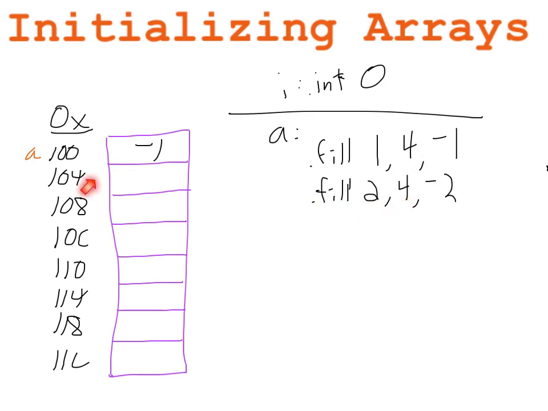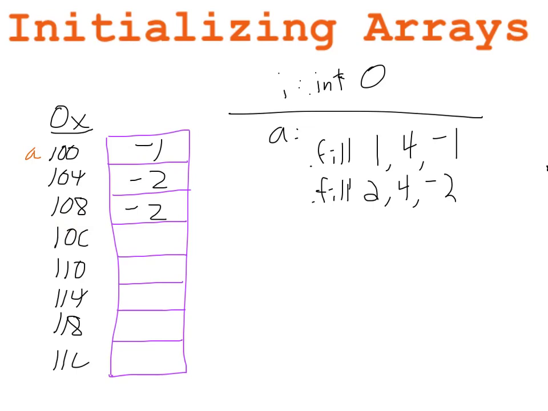So I want to start at address 104. And for 4 bytes, I want to put the number -2. So in those 4 bytes, I want to put the number -2. And now, because I have a 2 here, I'm going to fill another 4 bytes with the number -2. And that's going to be where the second 4 bytes, 104 to 107, left off, or in other words, we're going to start at 108 for that one and put -2.